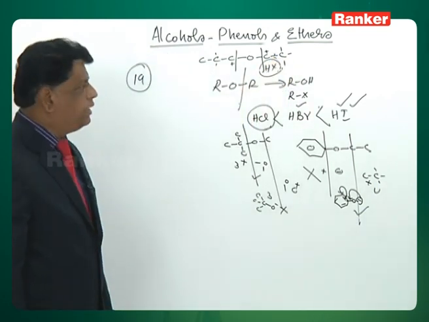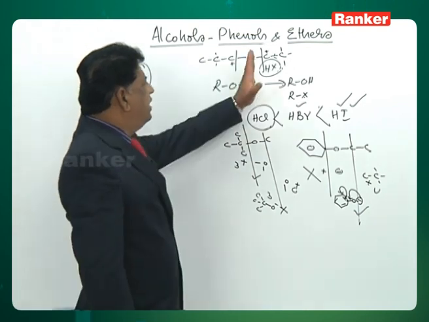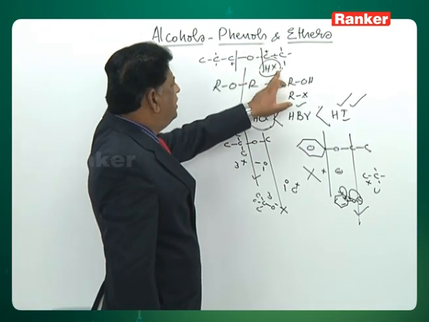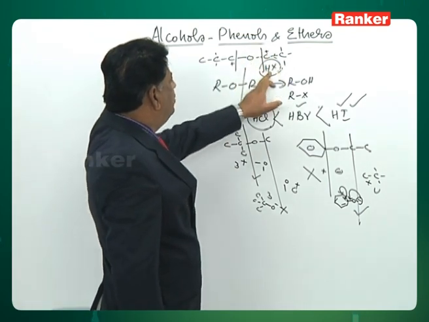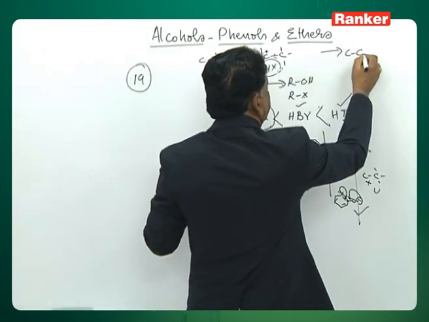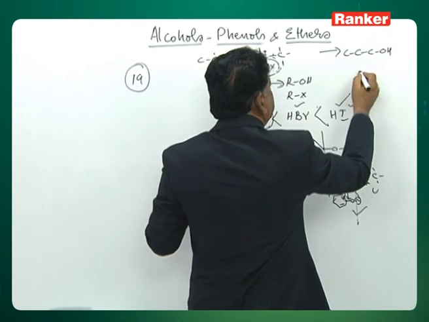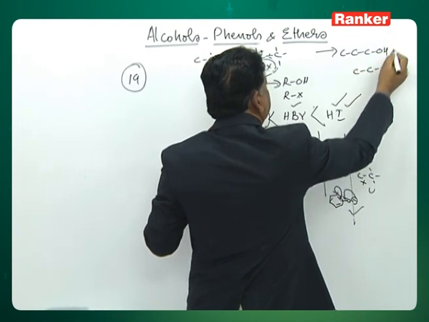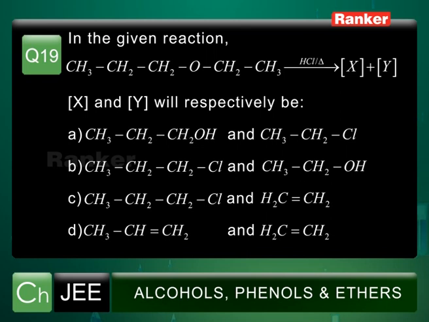Naturally 3 hyperconjugations is more stable, therefore if I cut here, the carbocation will take the halide and the minus will take the H. So propanol and ethyl chloride formation will be the right answer. So the first option is the right answer.